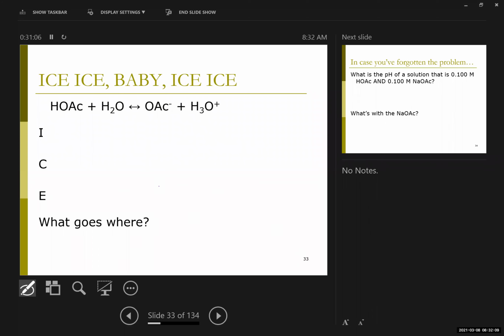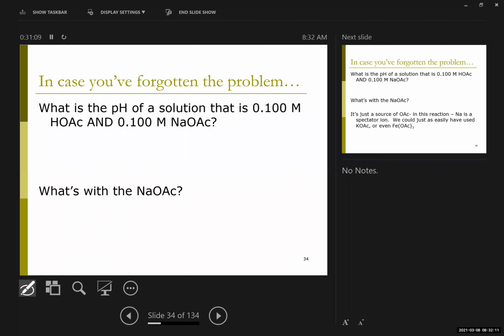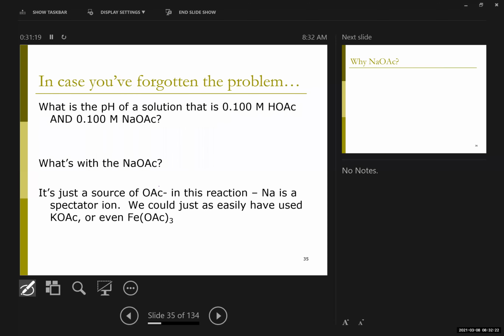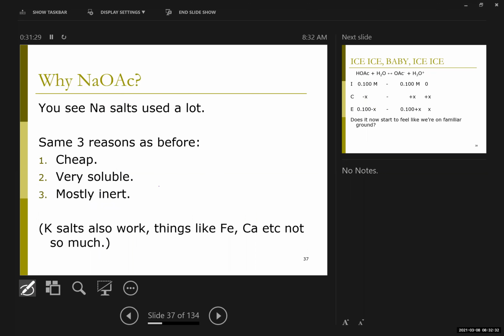So again, my problem, as originally stated, was what's the pH of a solution that is 0.1 molar acetic acid and 0.1 molar acetate. I dissociate my sodium acetate because it's an ionic compound in water. And so what I have is acetate. This is very common.